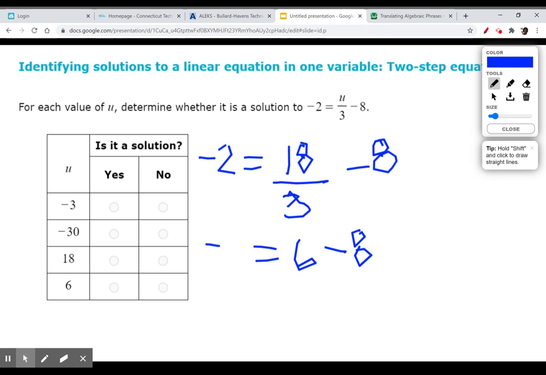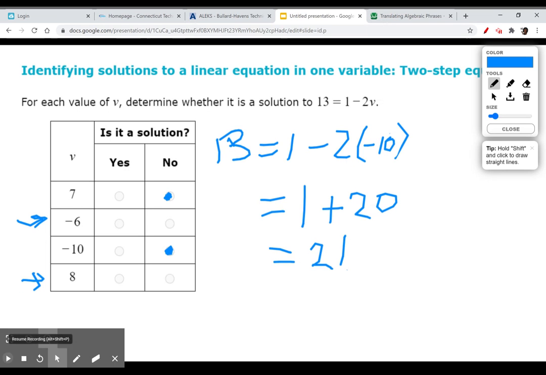And negative 2 is in fact equal to 6 minus 8. So while negative 3 was not a solution, 18 is a solution. I'm going to pause here and I want you to try and do the same for negative 30 and positive 6.